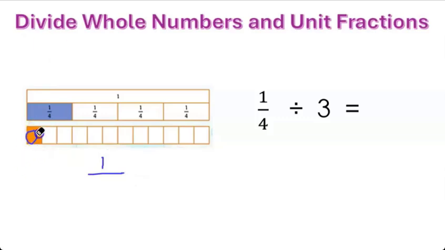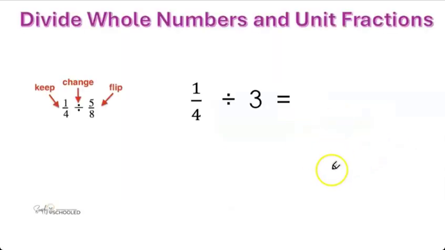Let's see what the total is. We have 1, 2, 3, 4, 5, 6, 7, 8, 9, 10, 11, 12. So 1 out of 12 is shaded, and the answer would be 1/12. If you think about it, that makes sense, because for each fourth, there are 3 of them, and there's 4 fourths. So we end up with 1/12.